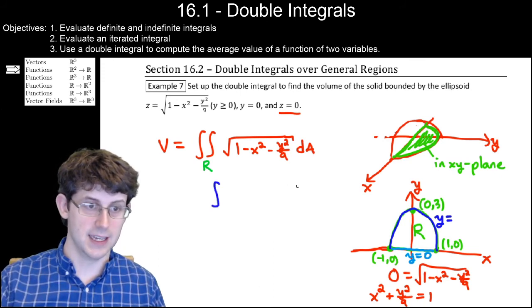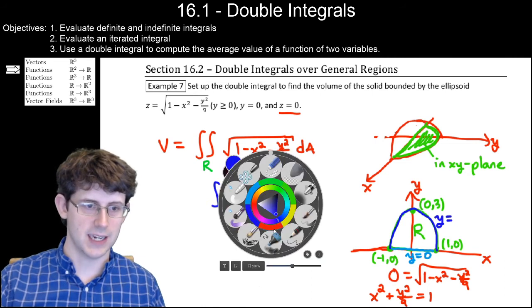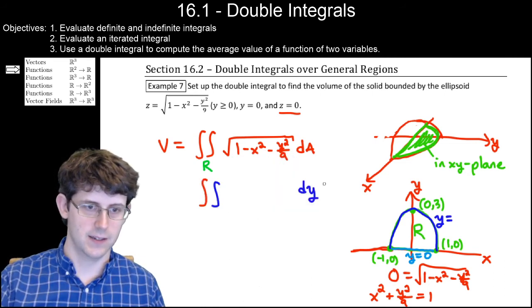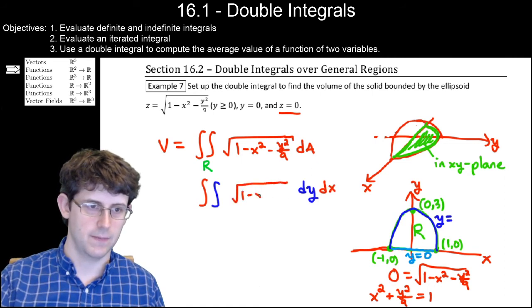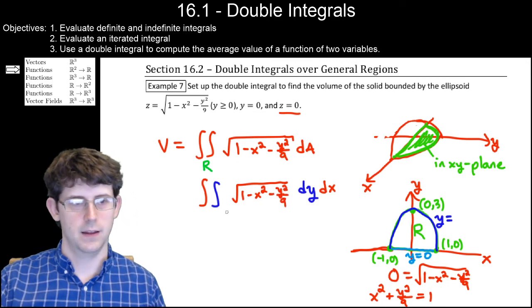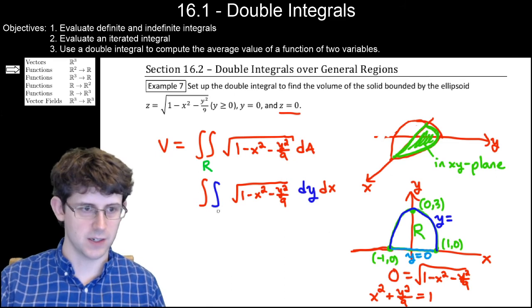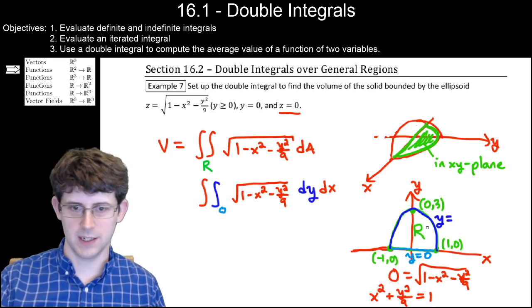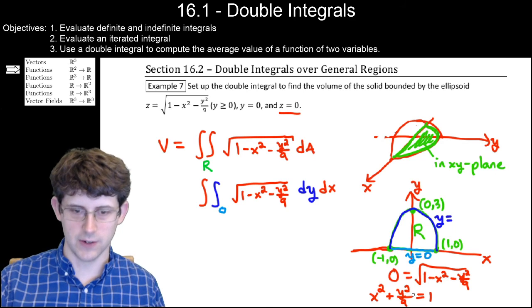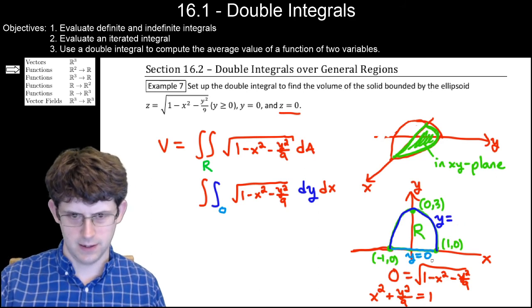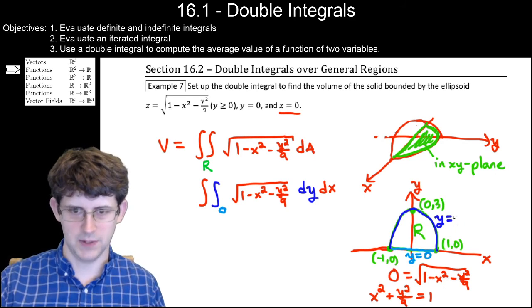I'm going to have the inside integral be the y integral, and the outside integral will be the x integral. All this other stuff is going to be the same. So the inside integral has bounds where the bottom function is y equals 0. The top function is whatever this is, so let's figure it out. Solve for y. Subtract x squared, multiply by 9.